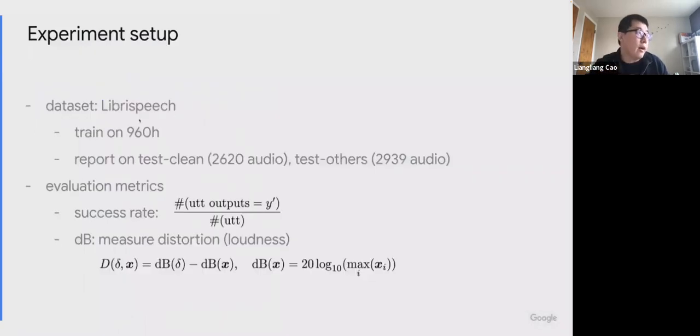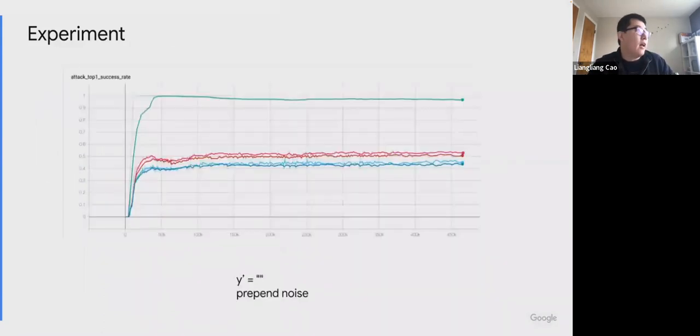So we use LibriSpeech and we define some metrics. The Y prime is empty here. We also measure the distortion, trying to make sure the magic audio is not super loud. It's still kind of small when we measure distortion. So this is our training curve.